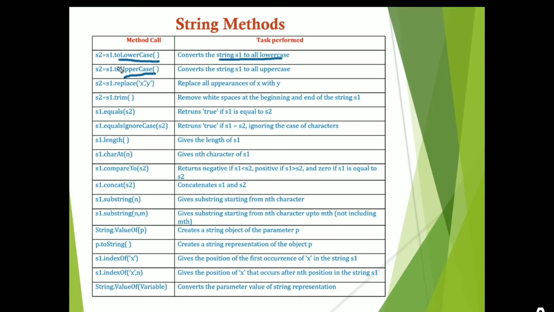Here s2 = s1.toLowerCase(): s1 is converted to lower case letters and assigned to s2. Similarly, with s1.toUpperCase(), the text in s1 is converted to upper case and assigned to s2.